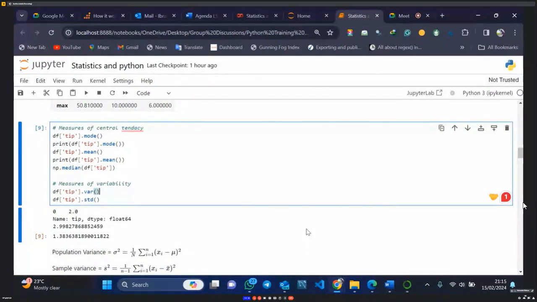It will give you the variance. What it means is standard deviation is the square root of variance. So if you have 16, for instance, as your variance, and you want to get standard deviation, you just take the square root of the 16, which will give you 4. That will be the standard deviation.